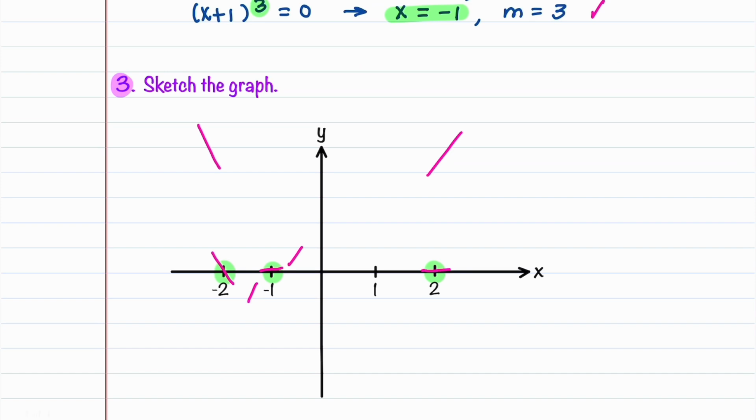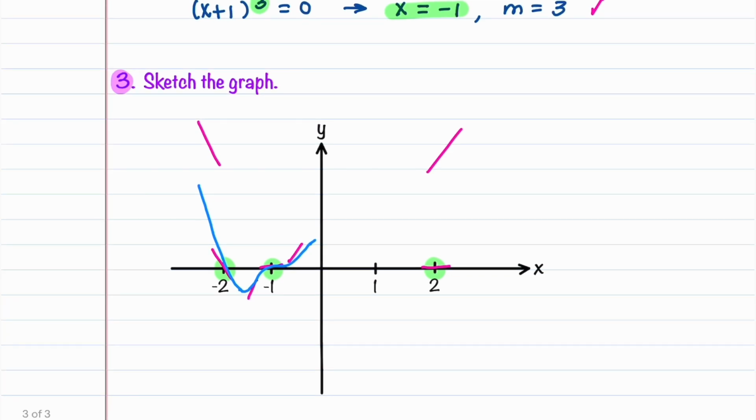Our graph is going to come down, and then it's going to turn around and go back up, but it's going to flatten at this point. And then over here at 2, it's going to touch. So we're going to go all the way down over here and we're going to touch and then go back up.